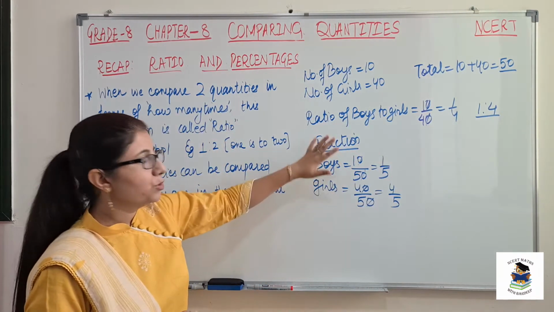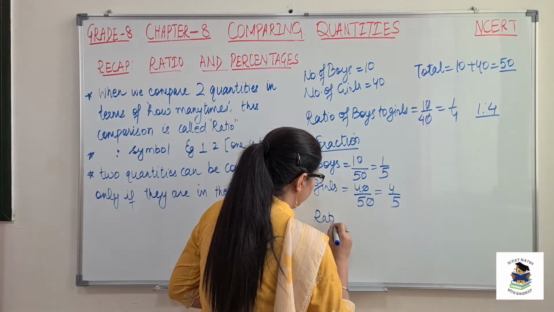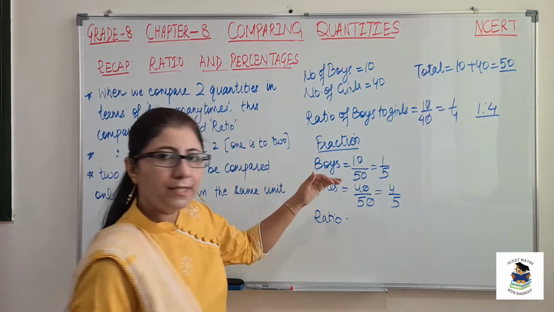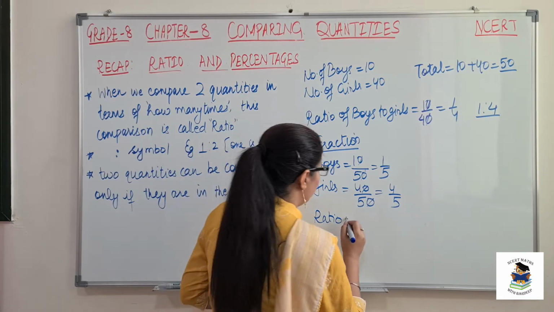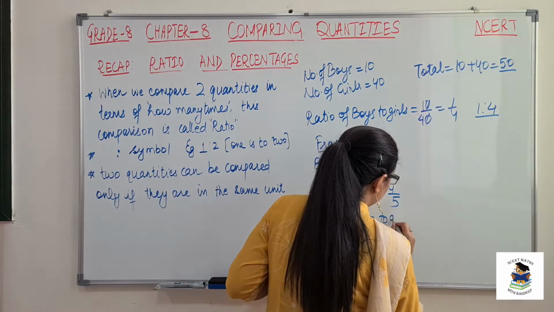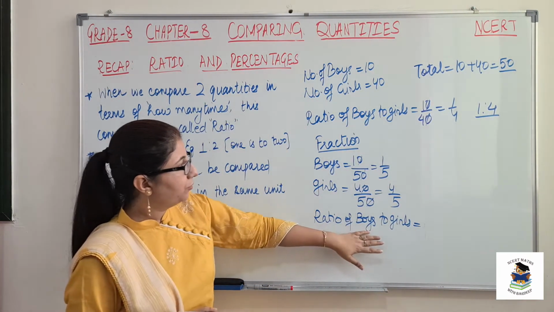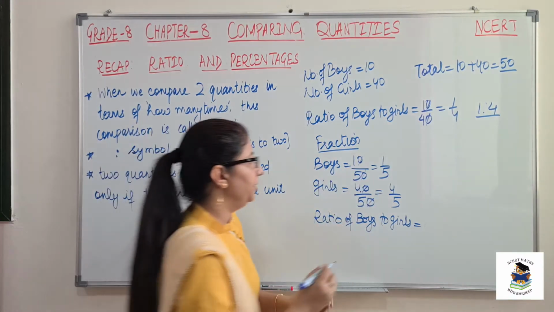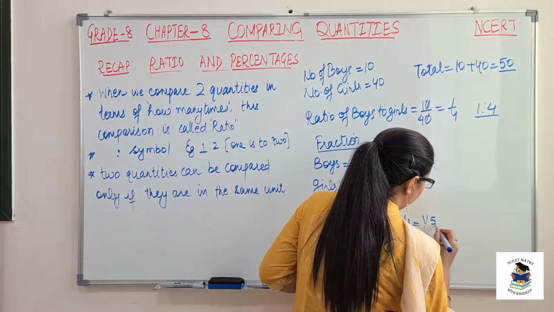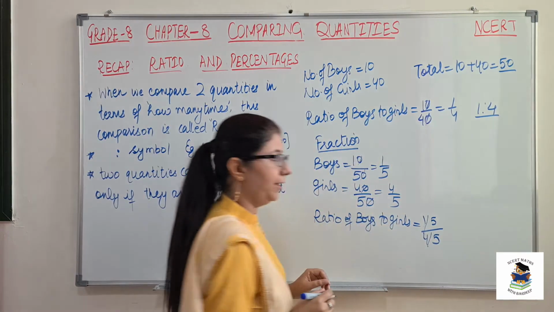So from here also we can find the ratio. If I want to find the ratio of boys with respect to girls, that means boys to girls. As I mentioned earlier also, the first quantity will be in the numerator, that is 1 by 5, okay, and girls will be 4 by 5.